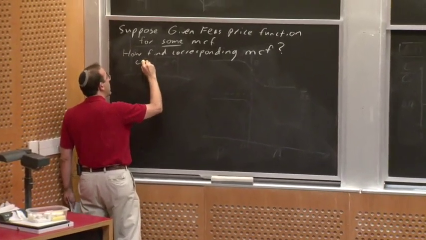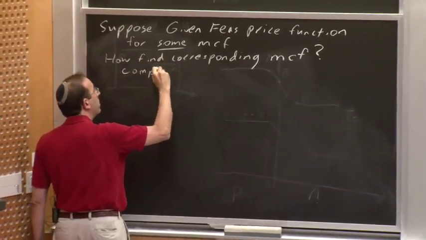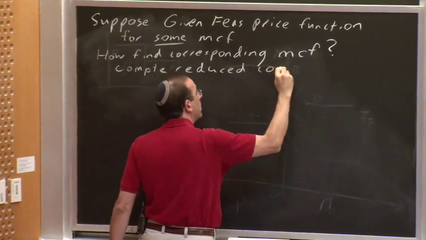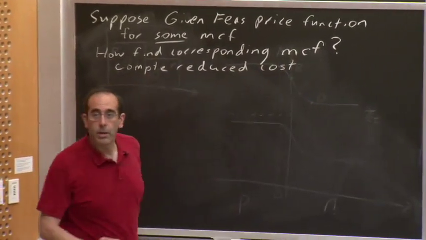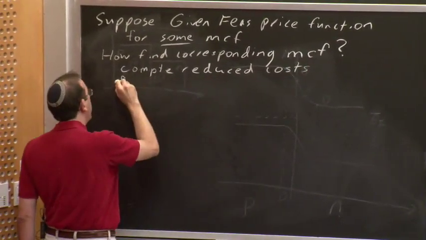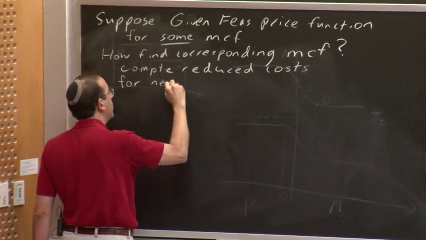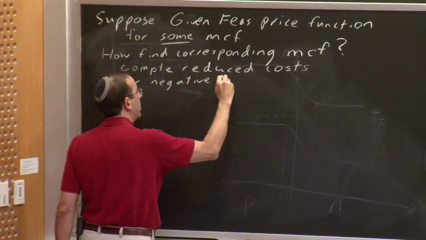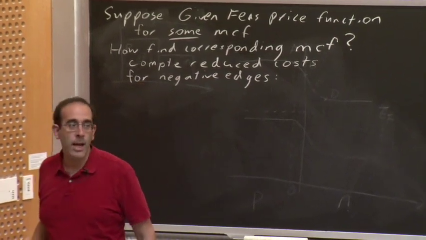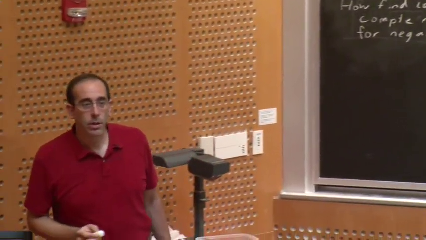So to talk about those negative edges, first we're going to compute the reduced costs. Right? Okay. So now, as you say, we can consider the negative edges. What should we do if we see a negative reduced cost edge?